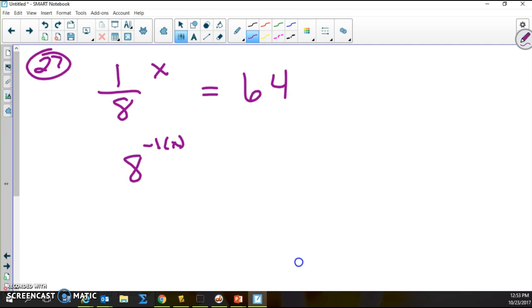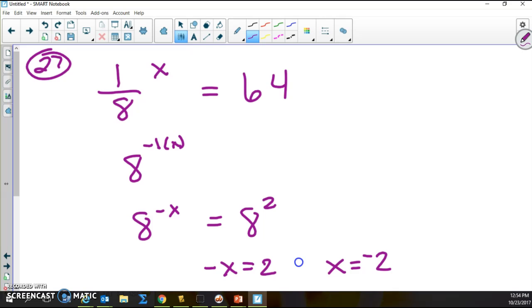Properties of exponents, that's just 8 to the negative x. And on the right-hand side we have 8 to the second power. And we know that if we have same bases, then the exponents have got to be equivalent. So negative x is equal to 2. x is equal to negative 2.